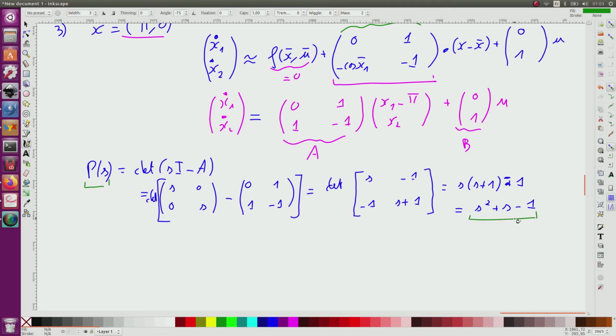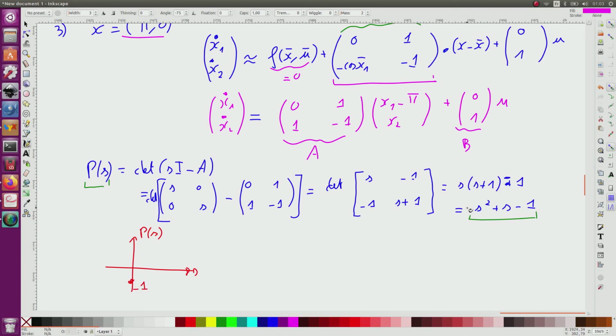So I can compute the roots, but I can immediately see that when s is equal to 0, p of s is equal to -1.